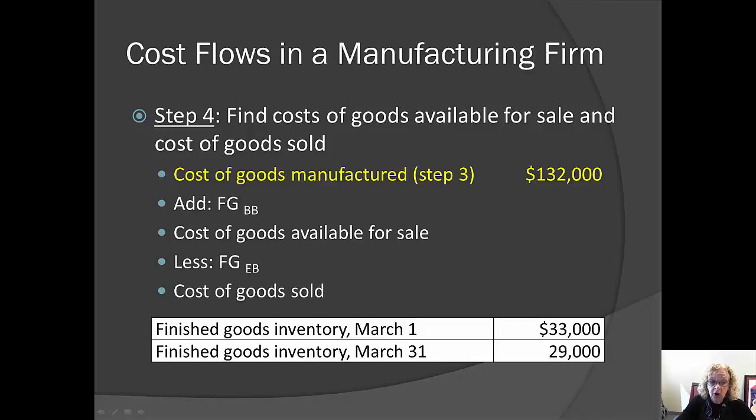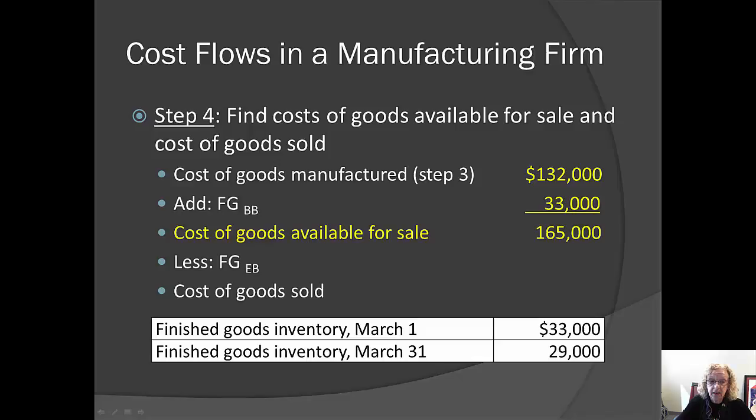In addition, we're told that we have $33,000 worth of goods that were already finished before March ever started, and those goods are sitting in our finished goods warehouse. So altogether, we could have sold $165,000 worth of goods.